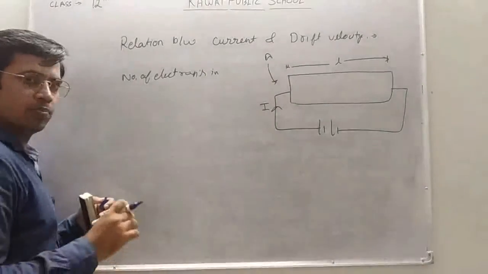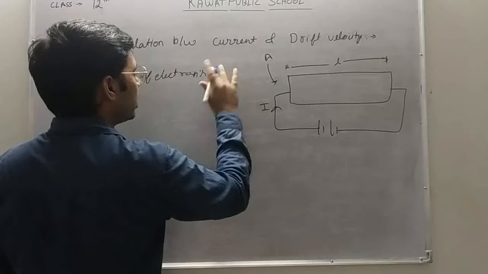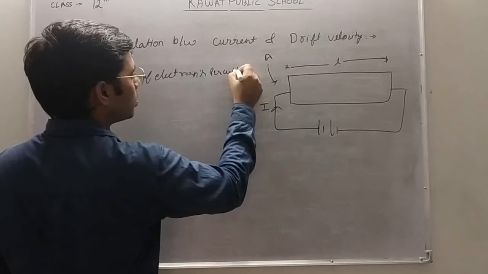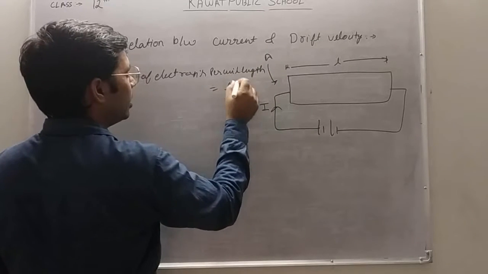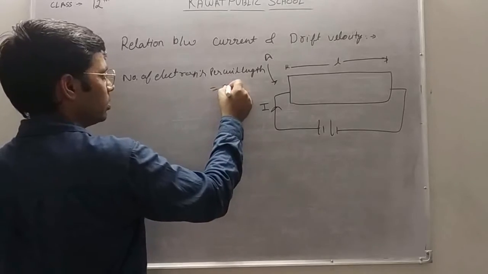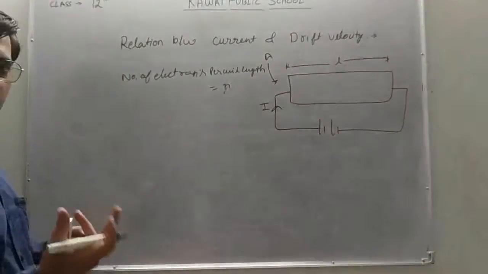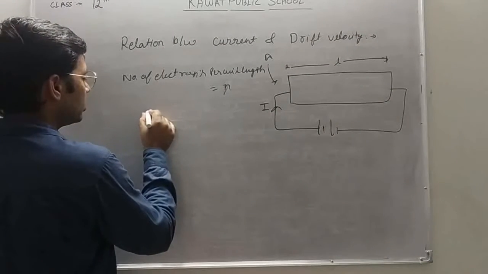Now, the number of electrons in that conductor per unit length is n. So in the entire volume of this conductor, how many electrons were present?